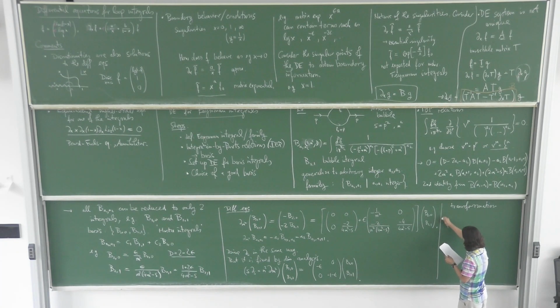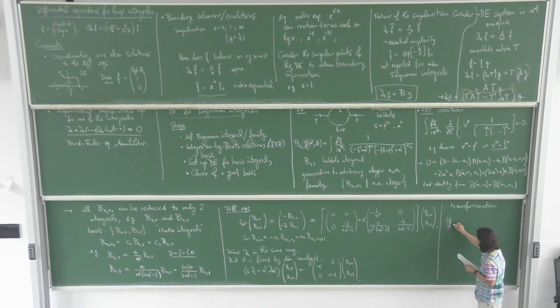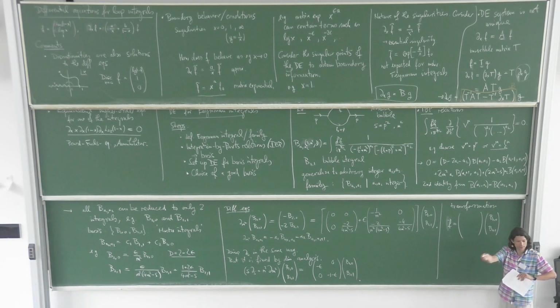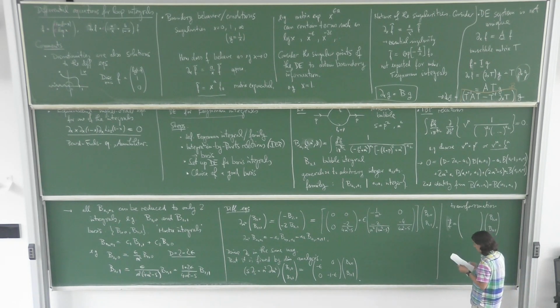So let me just see that I do it right. Did we give this a name? Yeah, so we want to get to the canonical F. So we'll say F is some transformation matrix times the basis we've been considering so far. I think writing it this way is probably the inverse of what I was talking about before, but I hope it's not too confusing.